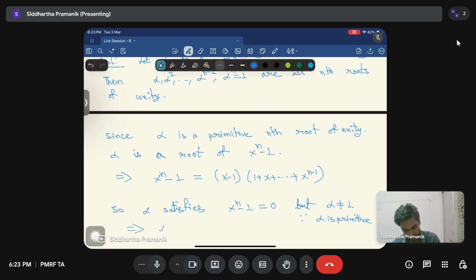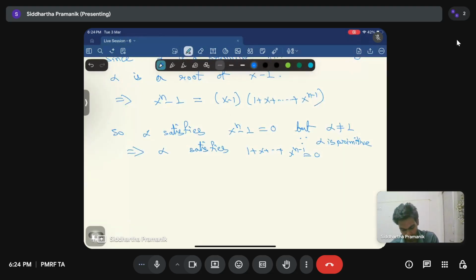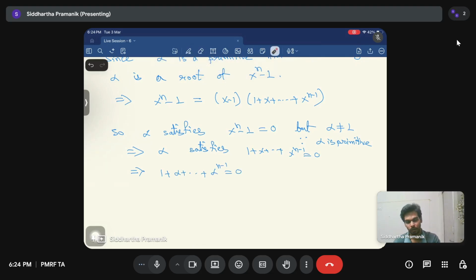This implies alpha satisfies 1 plus x plus dot dot x power n minus 1 equals 0. So this is 1 plus alpha plus dot dot up to alpha power n minus 1 equals 0. But this is exactly what we wanted, because each of these is an nth root, and there are total n elements. So this completes the proof.